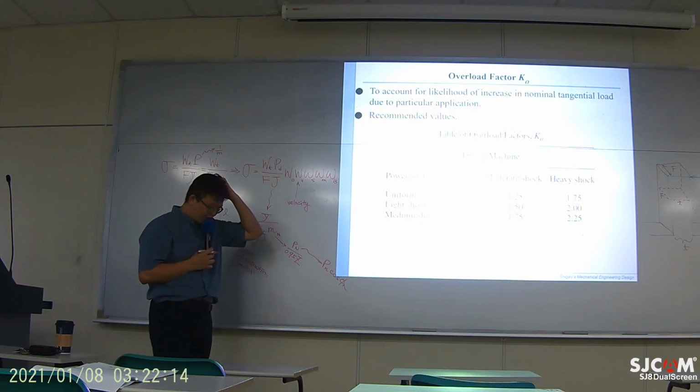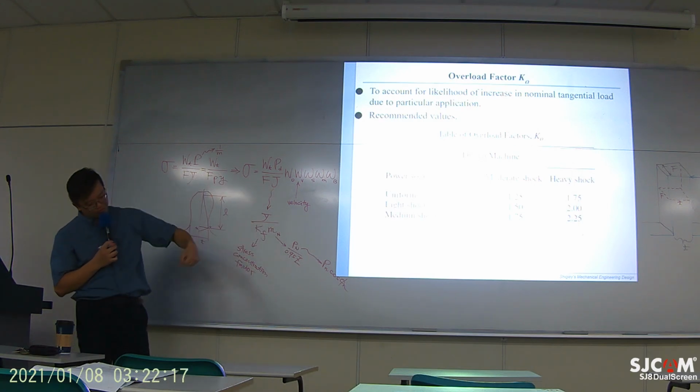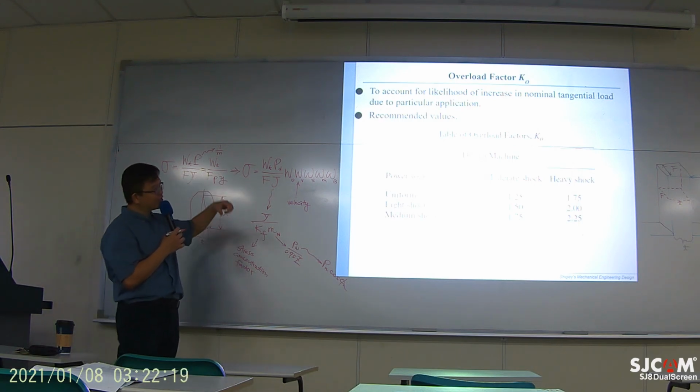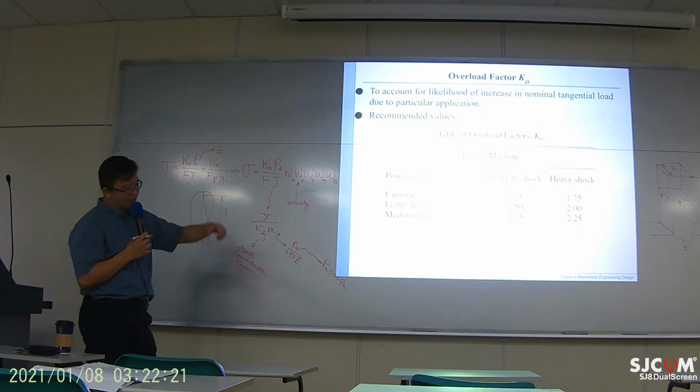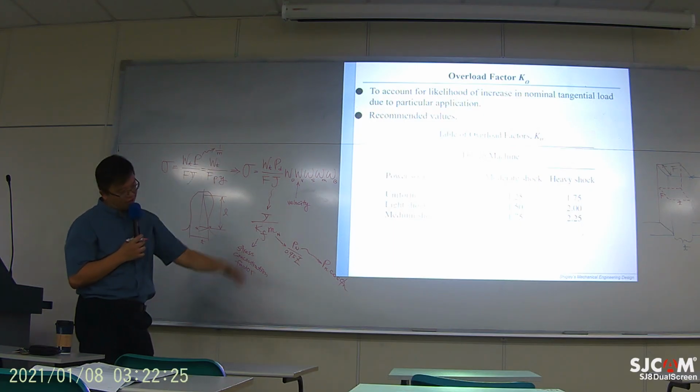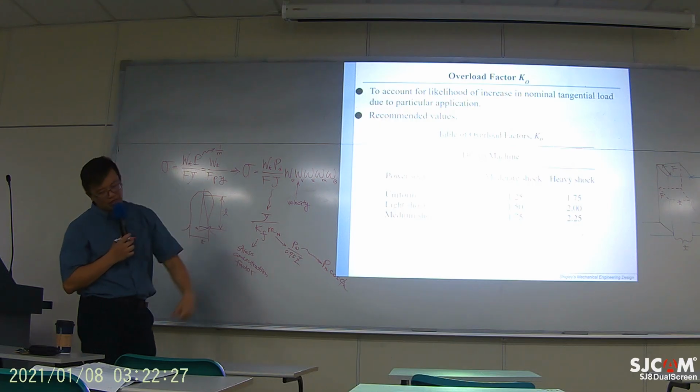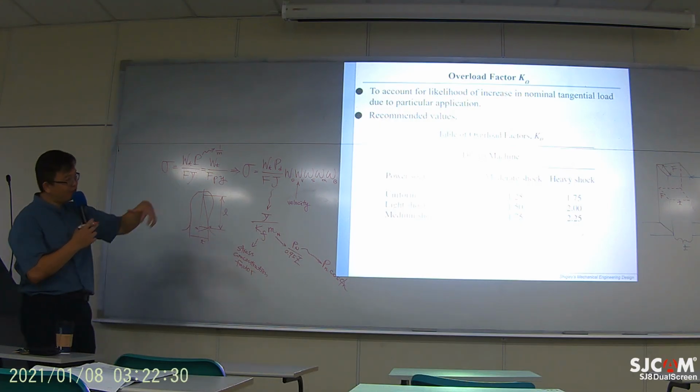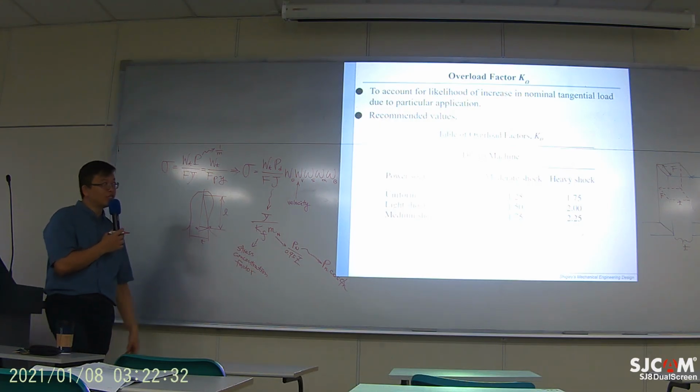For example, if you have a punching machine, like a molding machine, it will be punching on a metal plate and then forming.